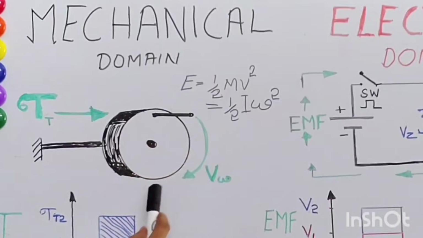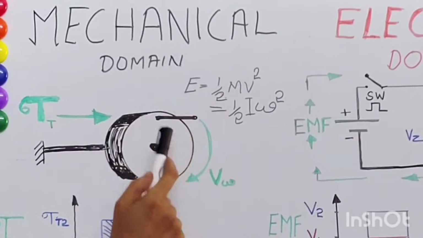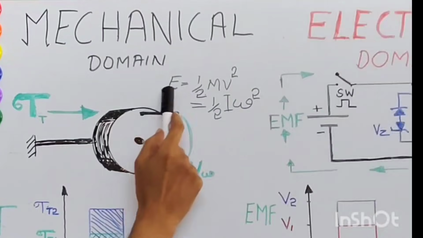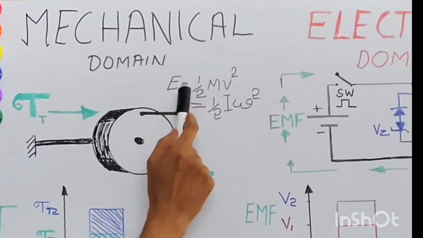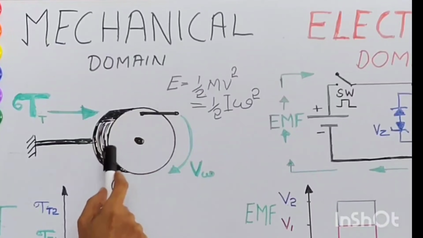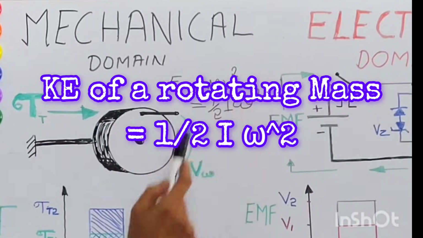The maintenance of this velocity is because of the energy stored in the inertia wheel in the form of kinetic energy. In the case of a linear system, it is half m v squared, whereas in the case of a rotating system, it's half the moment of inertia multiplied by omega squared.